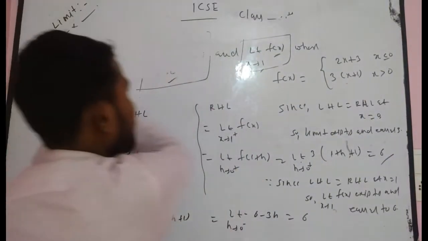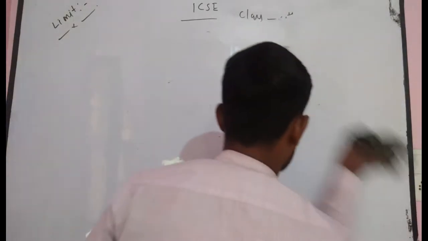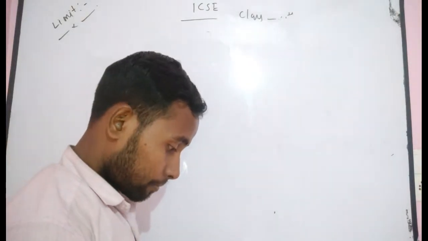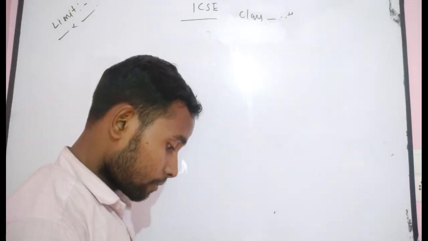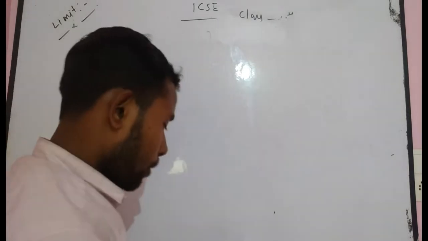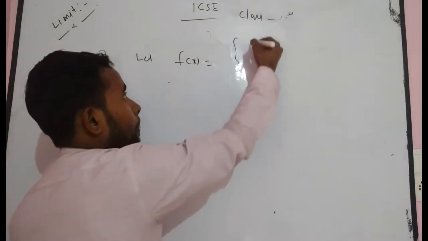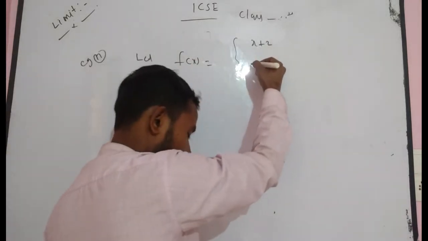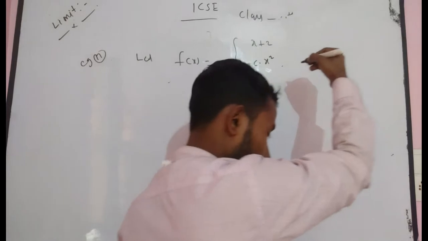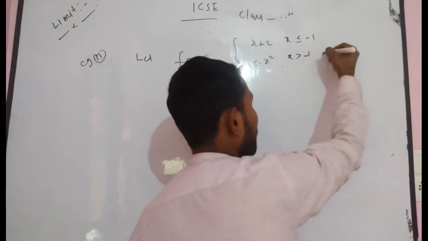Now I take the next problem, problem 17, for you. In 17 they ask: let f(x) be equal to x plus 2 for x less than or equal to minus 1, and c x square for x greater than minus 1.